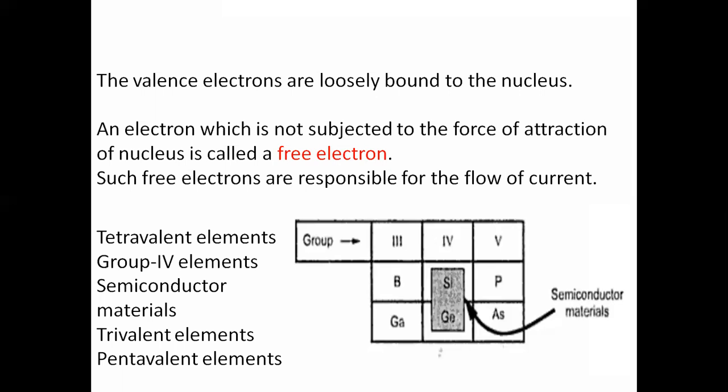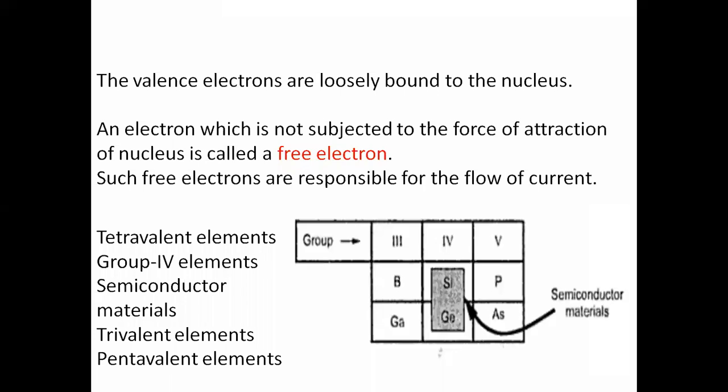We don't mention every time that it is an N-type extrinsic semiconductor, because by adding impurities to the intrinsic or pure semiconductors, we get the extrinsic semiconductor. We simply say N-type semiconductor or P-type semiconductor.